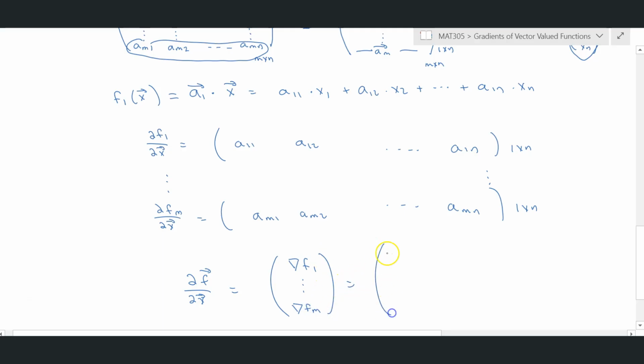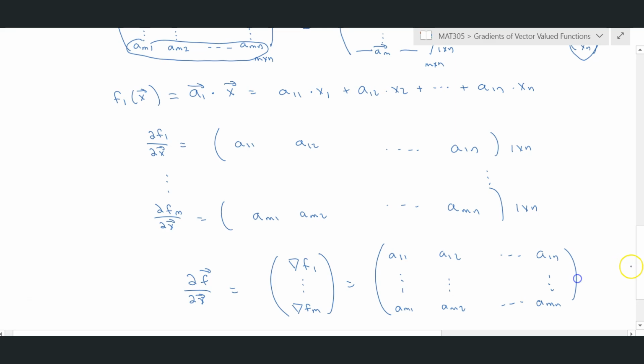That will just look like, in our context, the matrix a11, a12, all the way over to a1n, down to am1, am2, all the way over to amn.